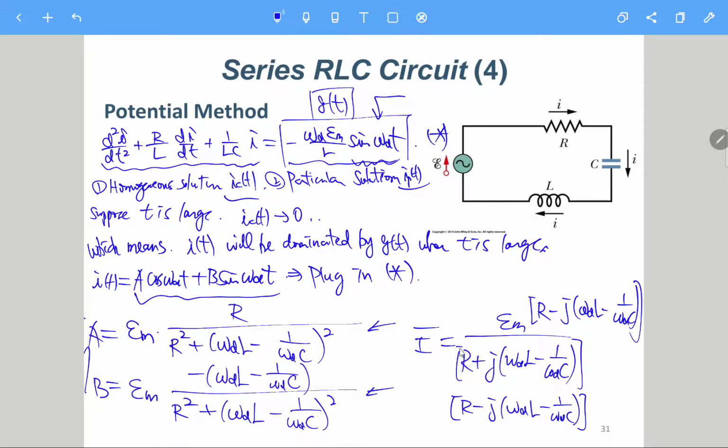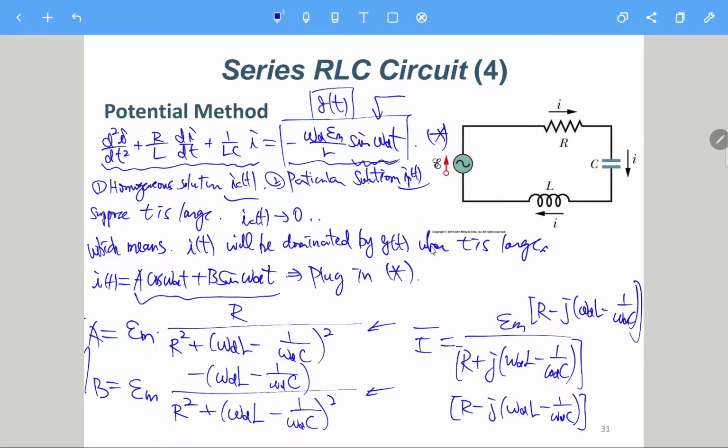And A minus B squared is R squared, which is this R squared, and then this square minus this term square. J squared is minus 1, so we have plus this whole term square in the denominator, and the numerator, the real part will be this one, this A will be this one, and for this one minus this part will be here. So we finally find that A cosine omega d t plus B sine omega d t is actually this one.